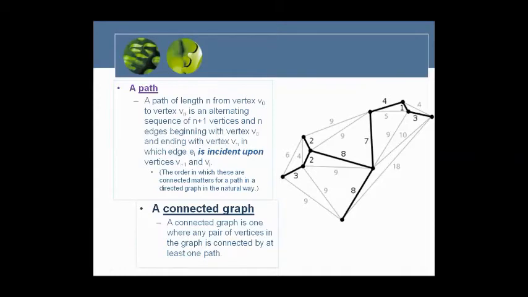So a connected graph is one in which any pair of vertices in the graph is connected by at least one path. So this one is interconnected with at least one path.